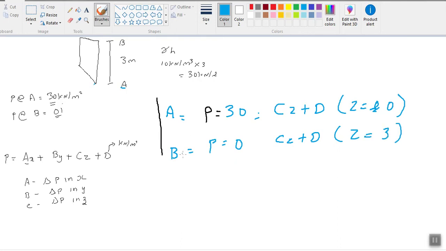Okay, so let's solve this equation. Pressure is 0, so 3C plus D is 0. This is equation 1.